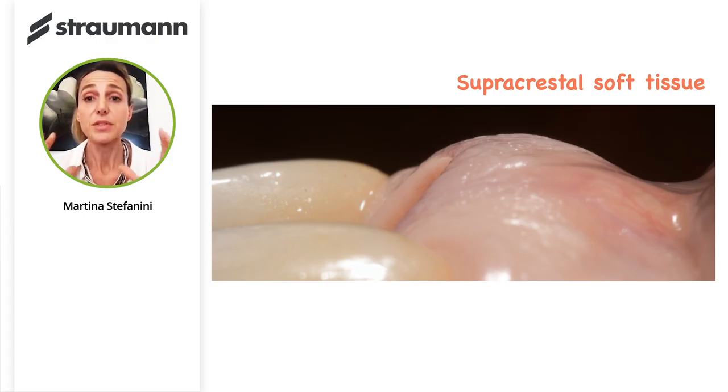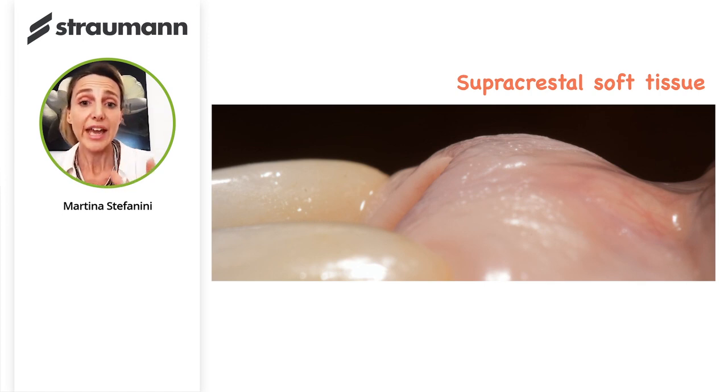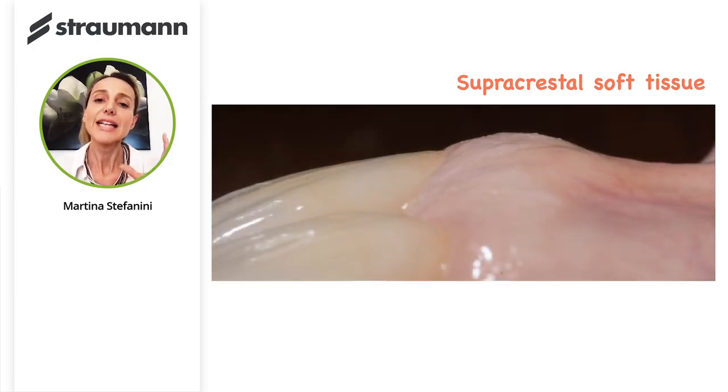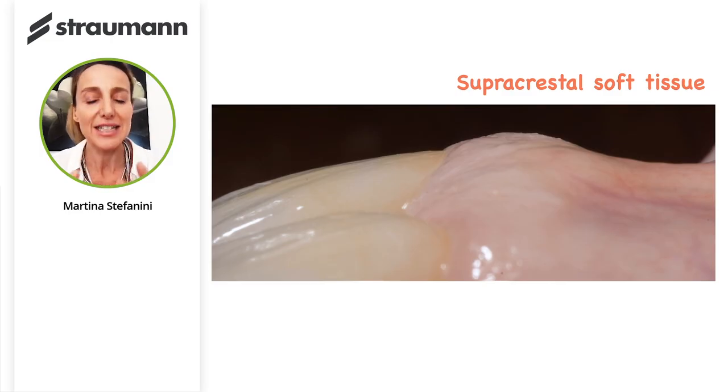This area is sometimes lost in case of soft tissue deficiencies, for example, or in other cases, we need to create an adequate dimension of supracrestal soft tissue when we place implants in the frontal area. And the idea of the thickness of the supracrestal soft tissues is to improve the final aesthetic result and to give a right emergence profile of the implant supported crown.